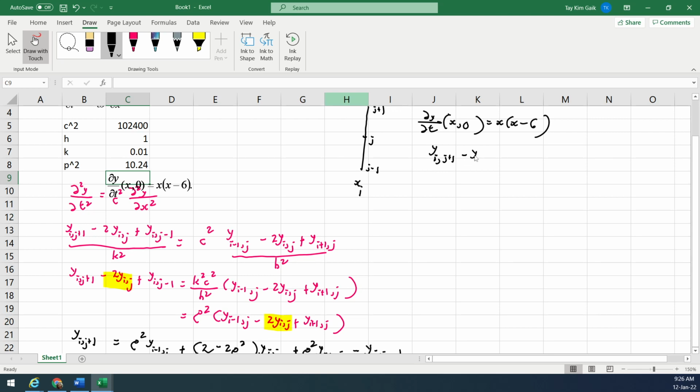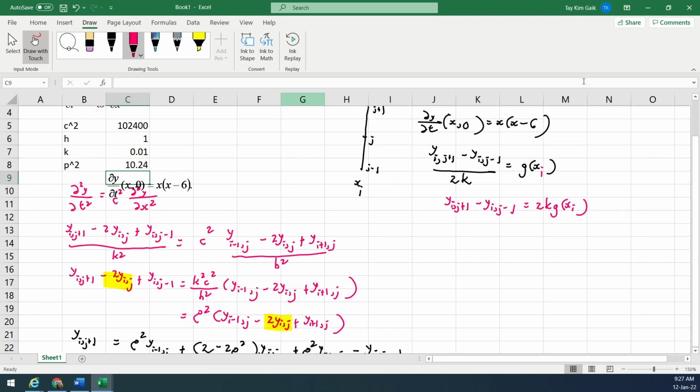plus 1 minus yi j minus 1 divided by 2k equal to, let's say this is what we denote as g x. So yi j plus 1 minus yi j minus 1, meaning take top minus bottom, equals 2k g xi. X is discretized using the i variable.